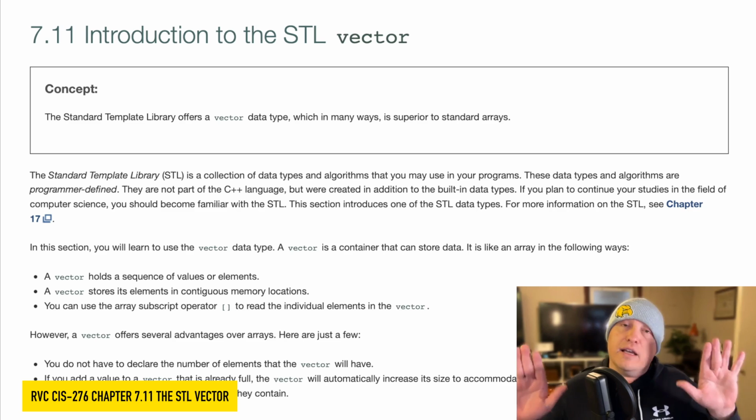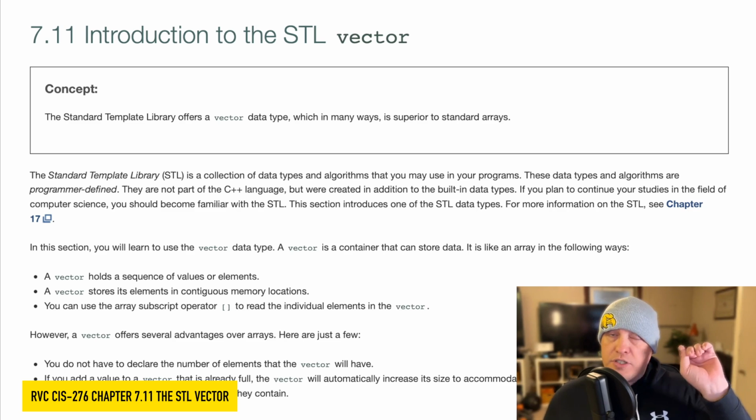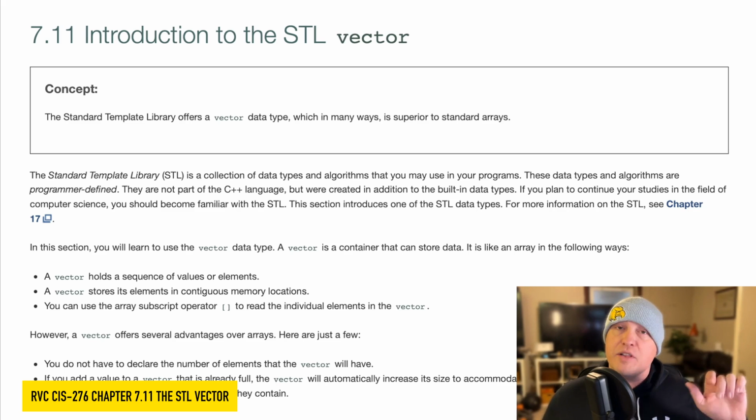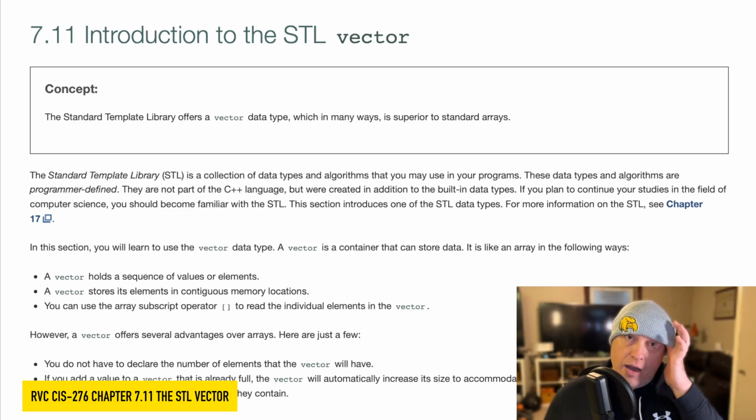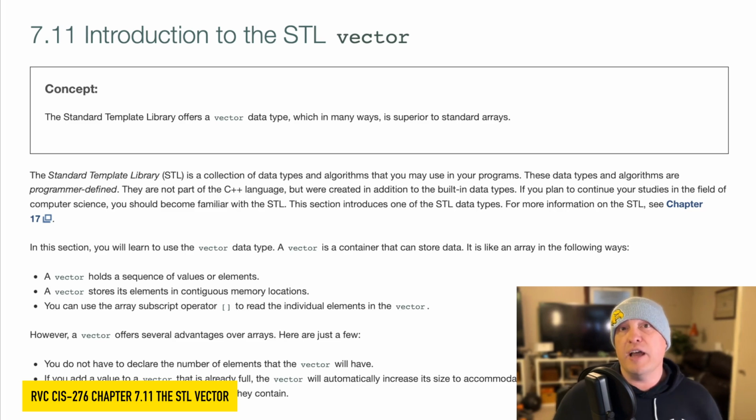So I just want to do a little bit of setup here to talk about the vector and how it's the same as an array and how it's different from an array. First and foremost, a vector does what an array does, and it holds a homogeneous sequence of elements.